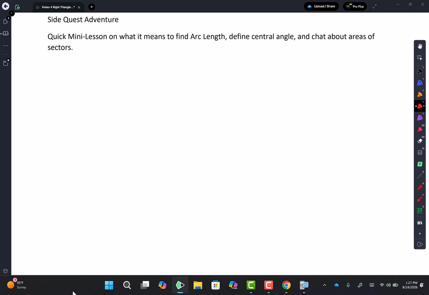Side quest, just a little bit on the quiz. What it means to find arc length. The circumference of a circle is 2 pi r. We already know that from the days that we've been talking about. Arc length is this in blue.